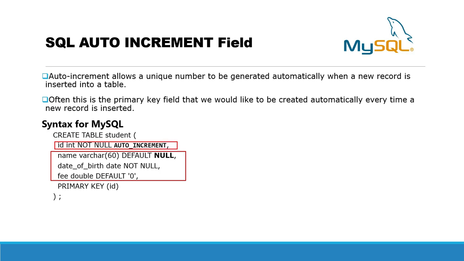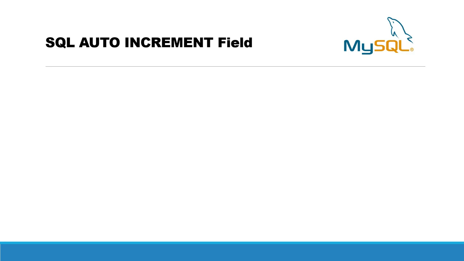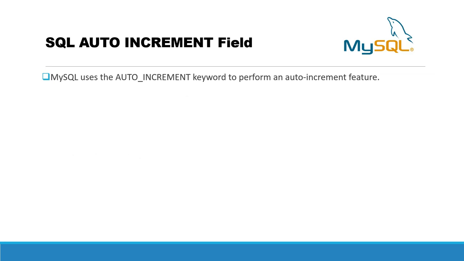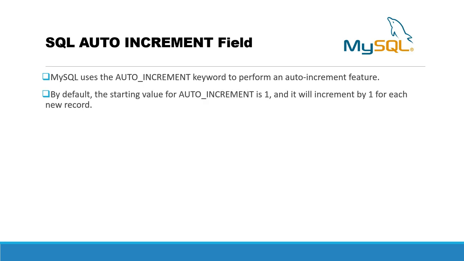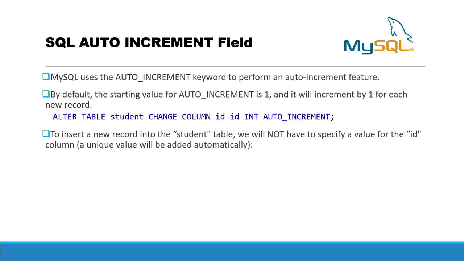The primary key will be automatically generated. MySQL uses the auto increment keyword to perform this feature. By default, the starting value of auto increment is 1 and it will increment by 1 for each new record.